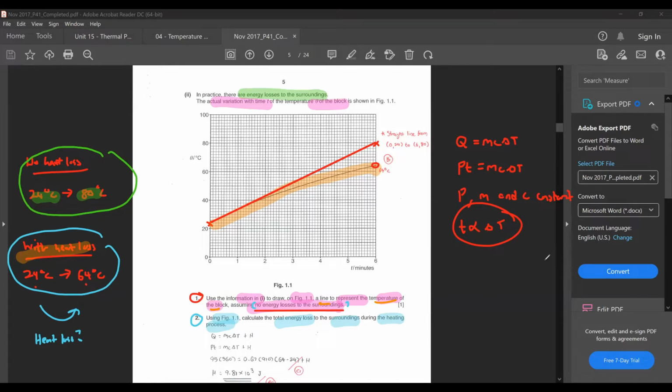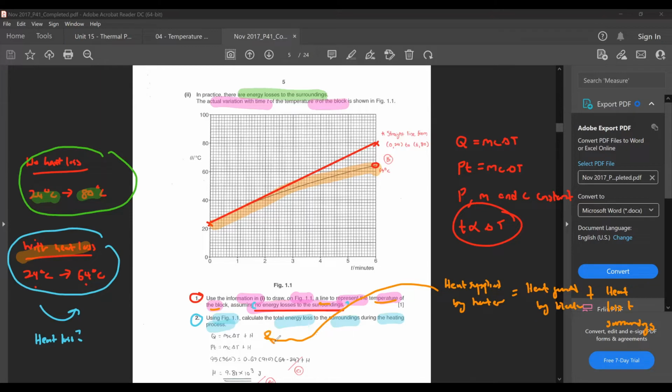If you talk about the energy equation just now, we say heat supplied by heater is going to be equal to the heat gained by block plus heat loss to surroundings. Okay, so this is the equation in word form.